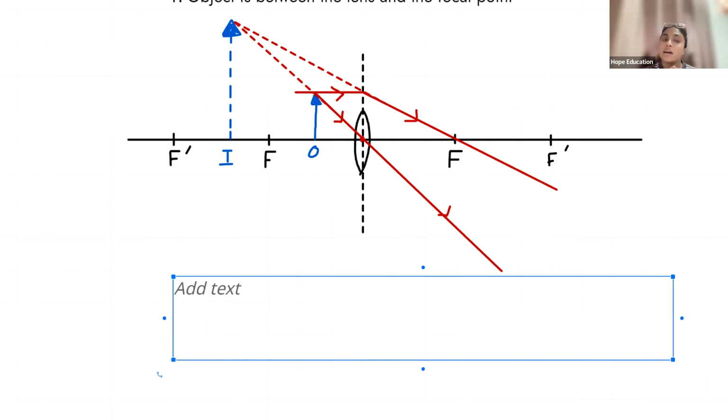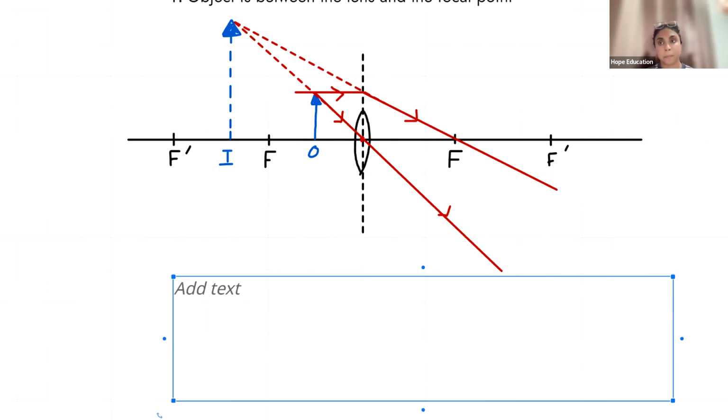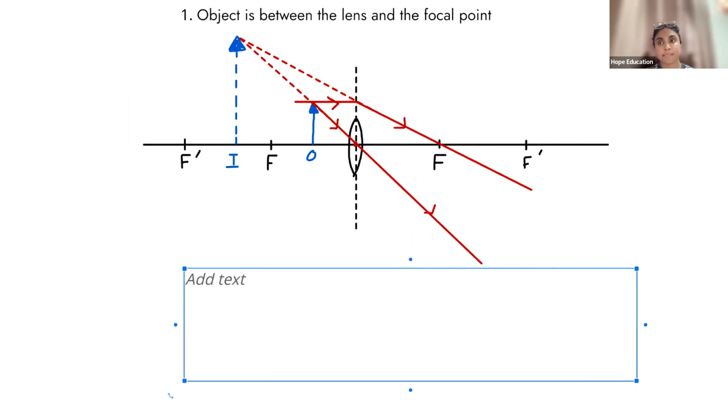Is this an upright image or an inverted? Yes, good. It's upright. What else? Magnified or diminished or equal size? What do you think? Good. Magnified, which means larger than the object. Yes. So these are the properties of the image.